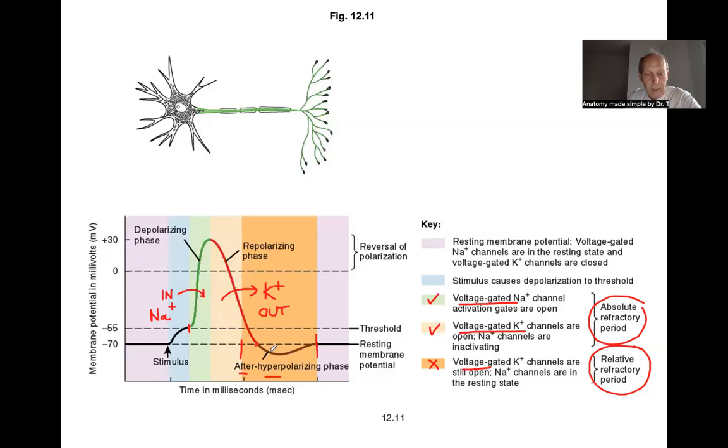However, the stimulus has to be stronger in order to overcome the difference between the resting membrane potential of -70 and where the cell currently is. So if we needed -70 to -55, just 15 millivolts worth of stimulus, if the cell here is at -75, in order to reach -55, we would need something to change its polarity by 20 millivolts, not just 15.